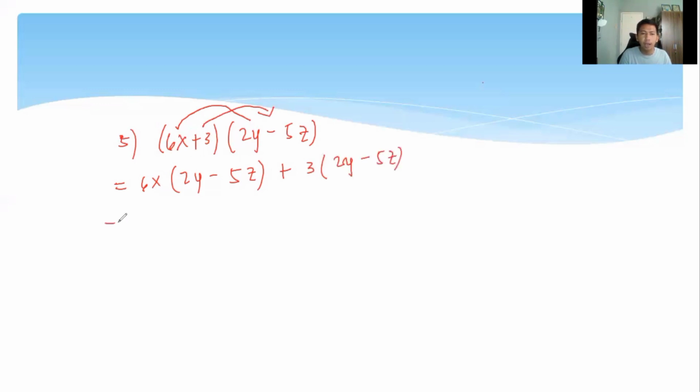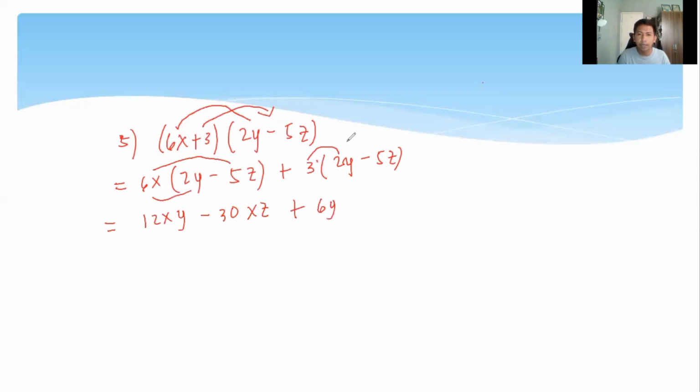And then, we apply now distributive property pa rin under multiplying monomial by a binomial or by a polynomial. So, we have 6x times 2y. That will give us 12xy. 6x times negative 5z, that will give us negative 30xz. Okay? Plus 3 times 2y, we have 6y.